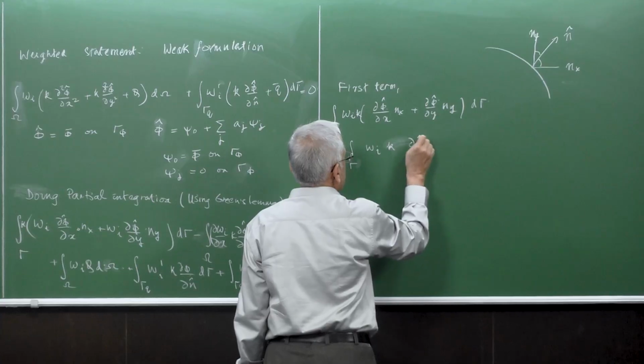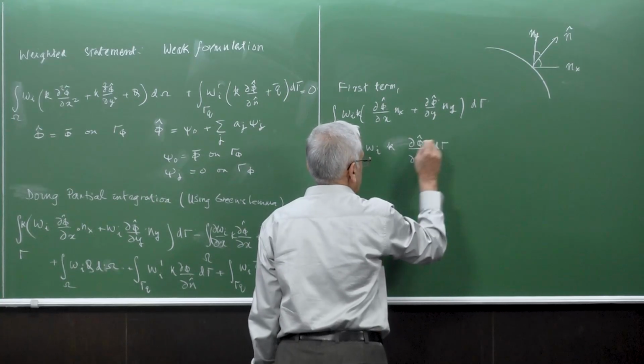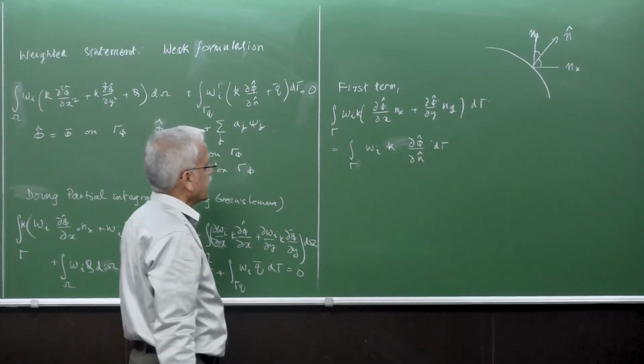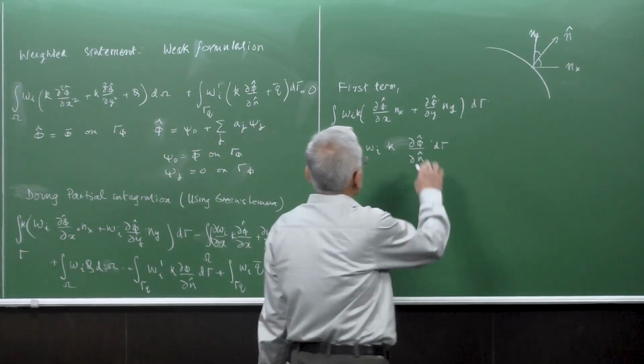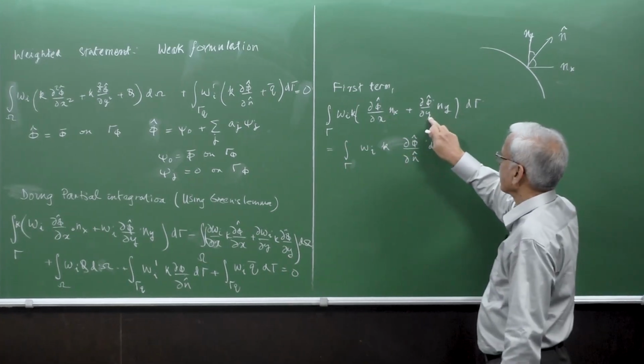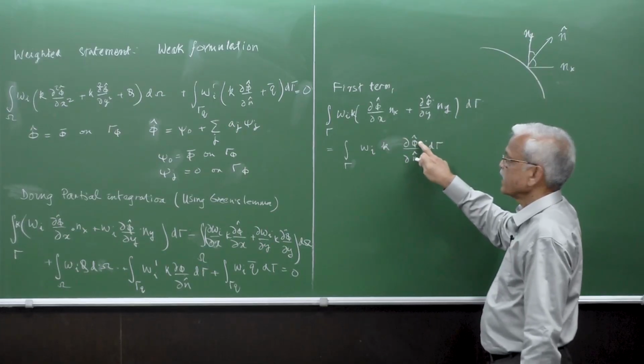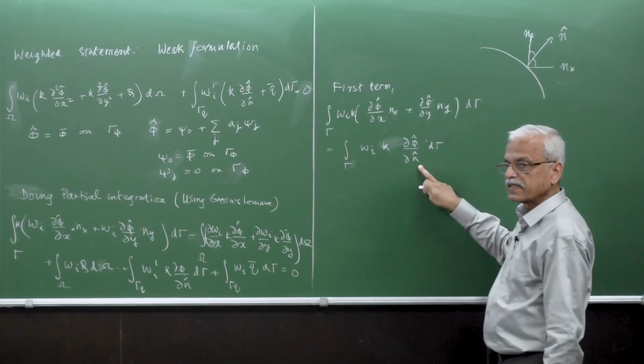So this can be written as dou phi by dou n d gamma. So this gets simplified as the derivative in x with nx plus the derivative in y multiplied by ny, both together will form the derivative of phi hat in the direction of n.